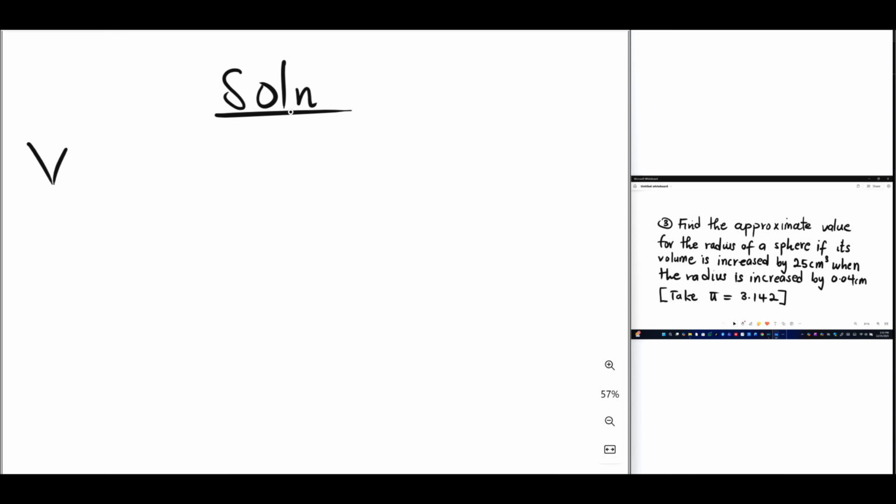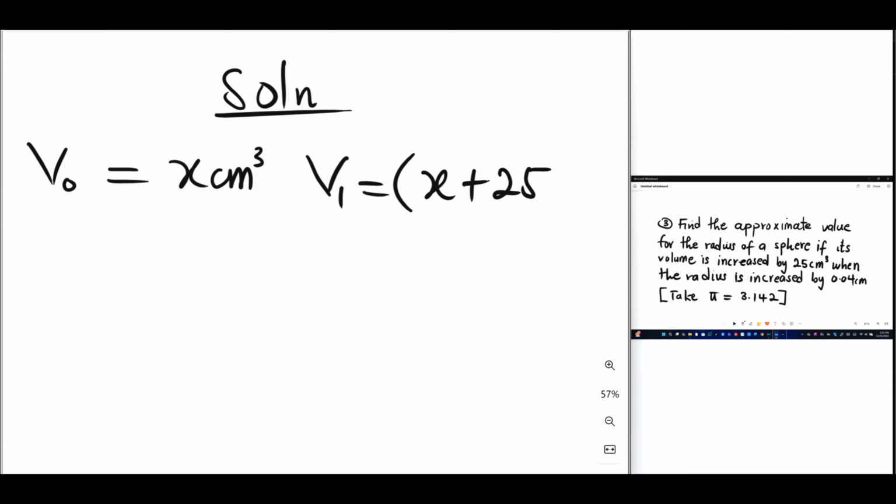Suppose you have your initial volume to be V0. Let's say the first volume is X centimeters cubed. If the volume has been increased by 25 centimeters cubed, then the new volume will be X plus 25 centimeters cubed.